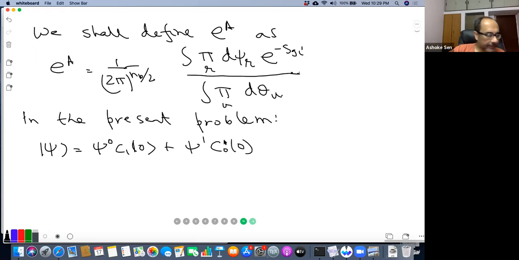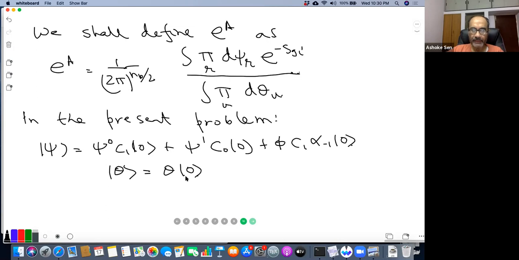This is out of Siegel gauge state, plus some other variable phi, c_1 alpha_{-1} on the vacuum. Theta was theta times the vacuum, the ghost number 0 state, there is only a single one. And N_B is 2, because N_B is the number of bosonic modes in the Siegel gauge. That was 2, because that's coming from the psi_0 and psi_1. So you have now an expression for e to the A that you have to handle.